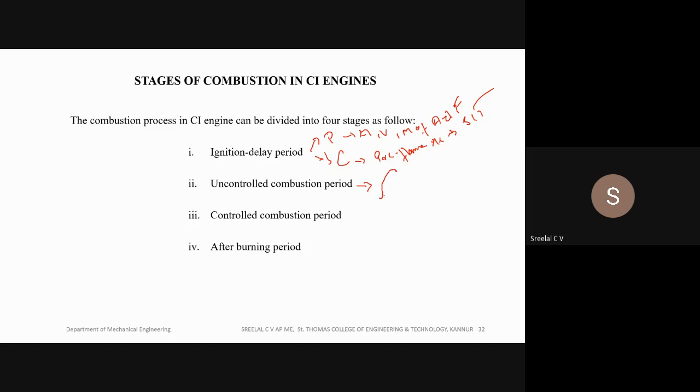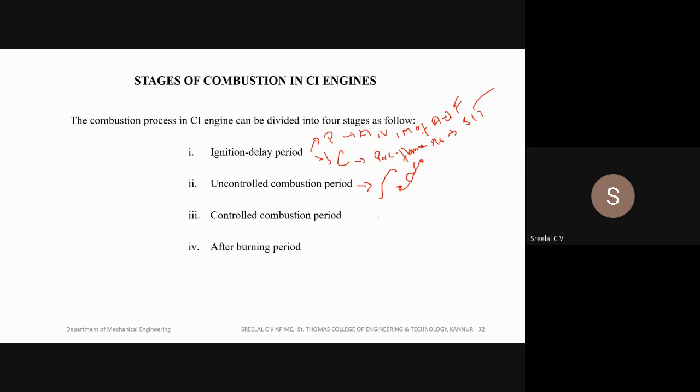That was the uncontrolled or rapid combustion. This stage starts from the start of combustion and ends at the peak value. Once the peak pressure is reached, that stage ends.